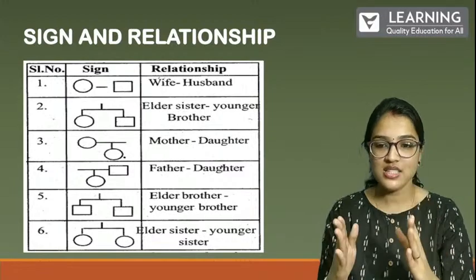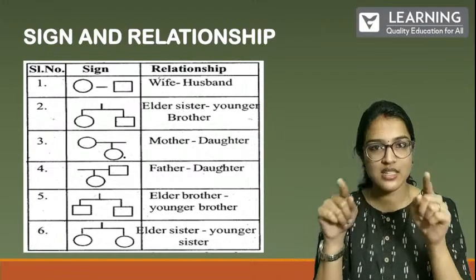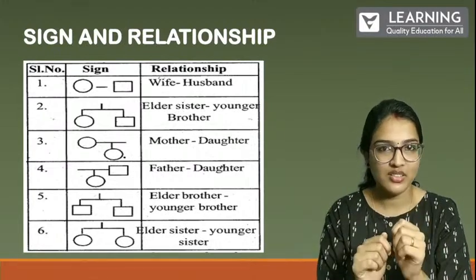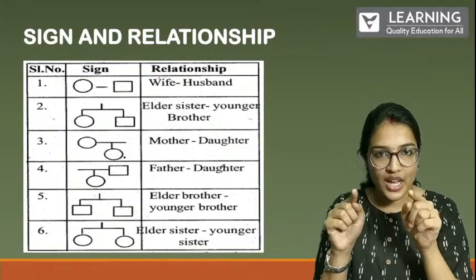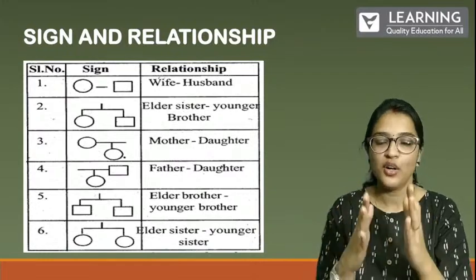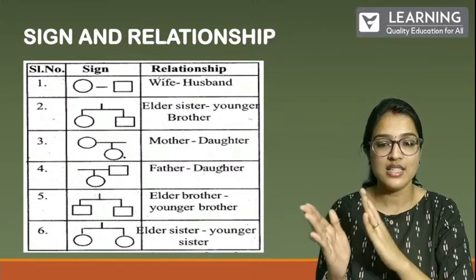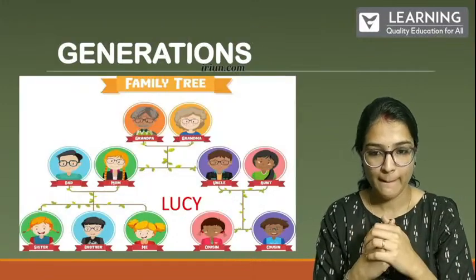Okay, so this is what sign and relationship means. Whenever there is a branch, it will be children, right? If we represent grandparents and a branch, that means children of those grandparents, that is our parents, right? Okay, so this is how sign and relationship will work.